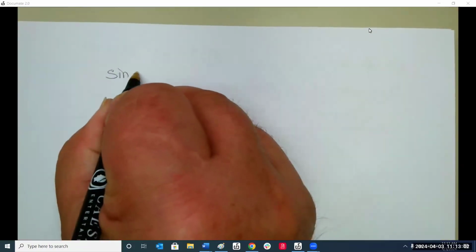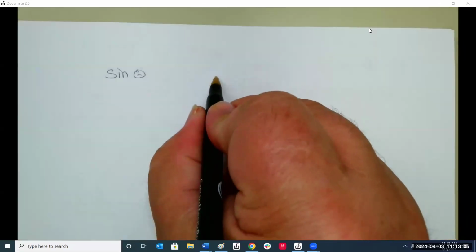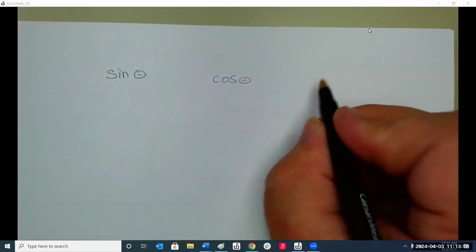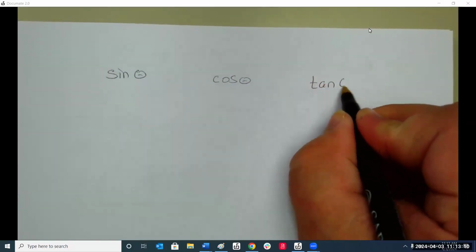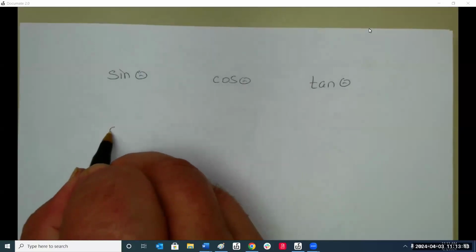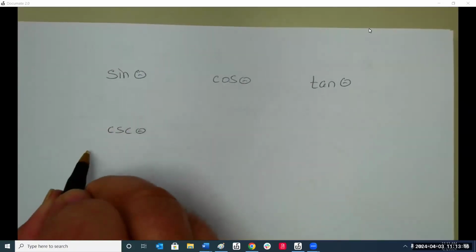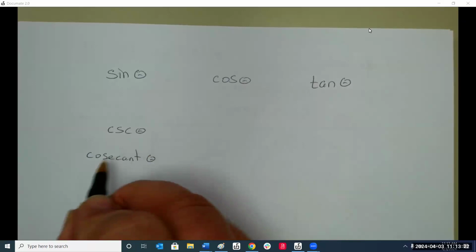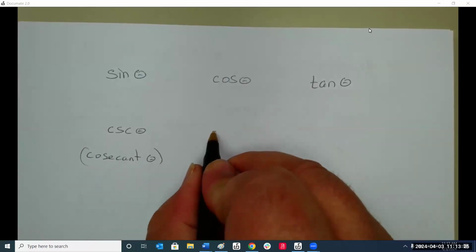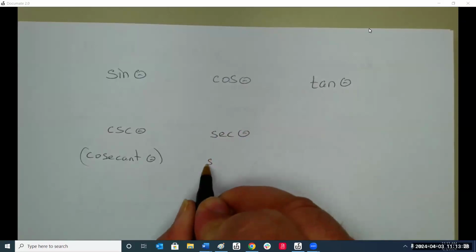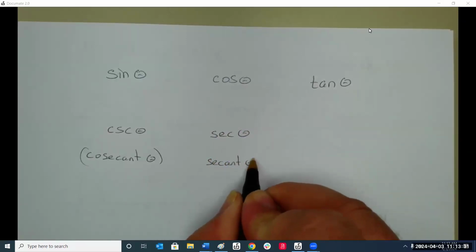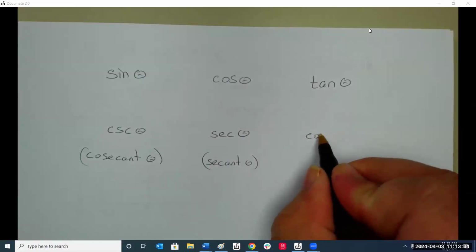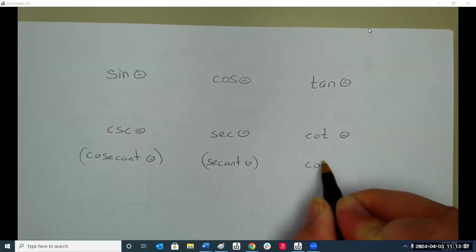So the 6 trig functions that we're going to be dealing with are the sine of an angle, cosine of an angle, tangent. This is called the cosecant, the secant, and the cotangent.